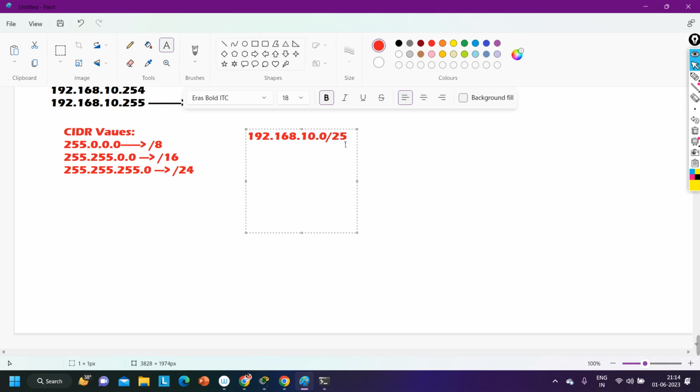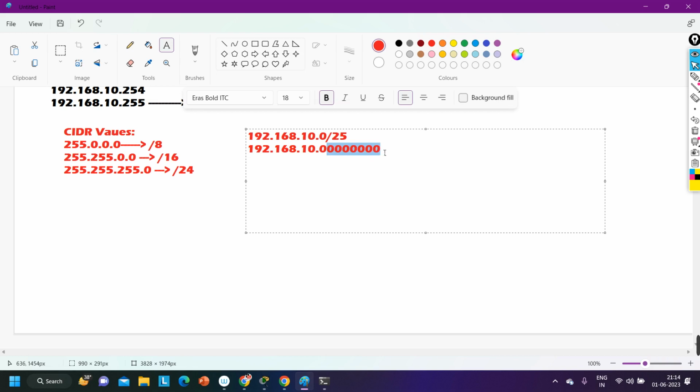If you convert the last value 0 into binary, it will be 0 0 0 0 0 0 0 0. So 24 bits and 1 bit, 25 bits. These bits are the network portion. That means we can change this value. Yes or no?